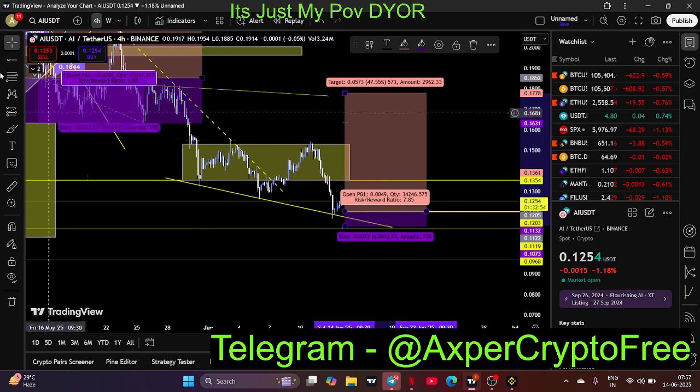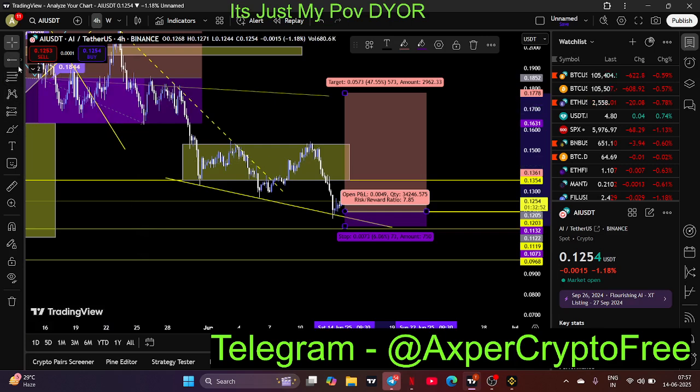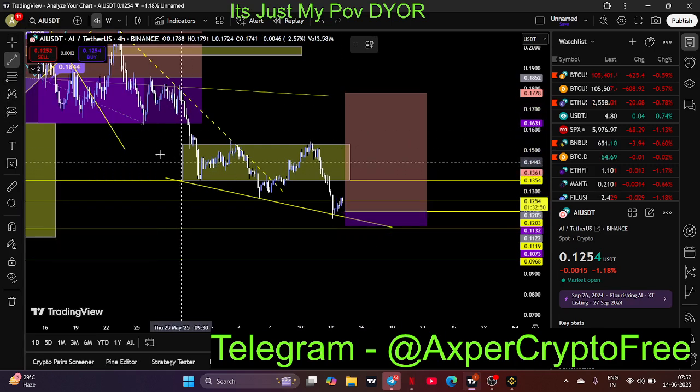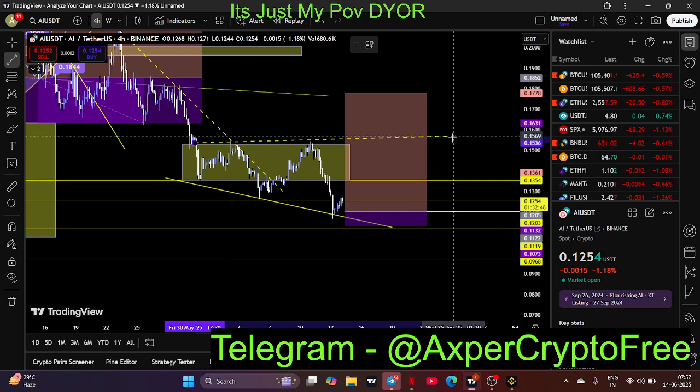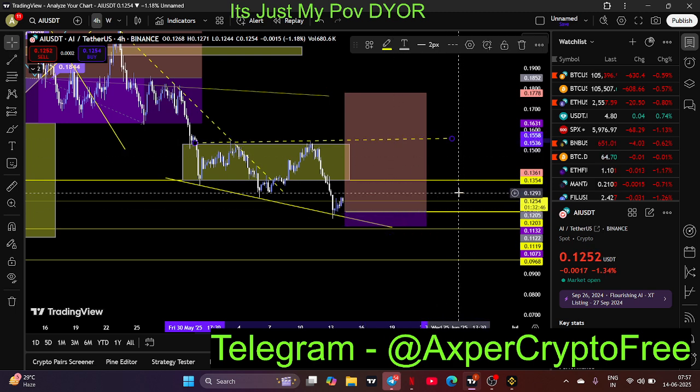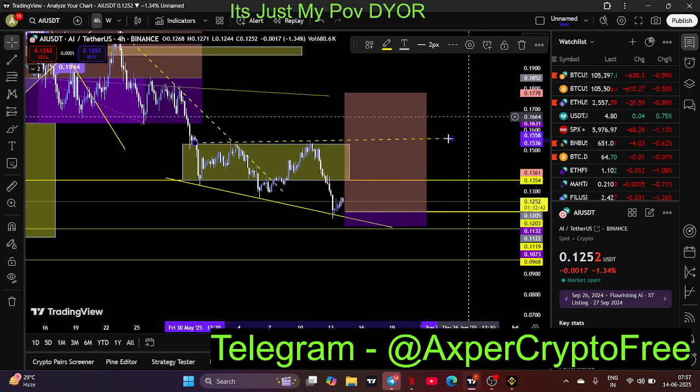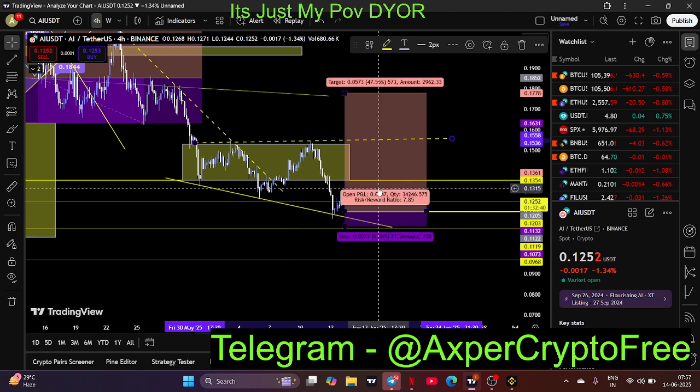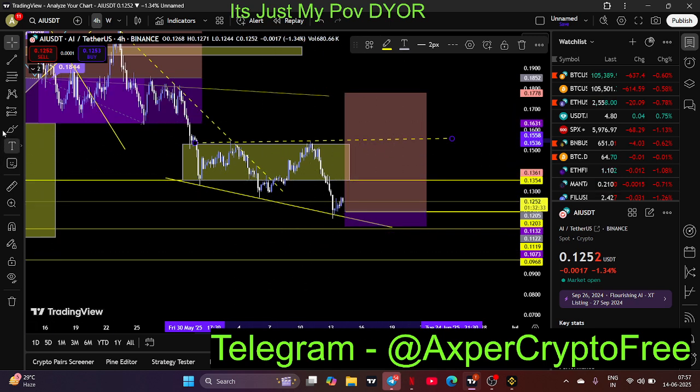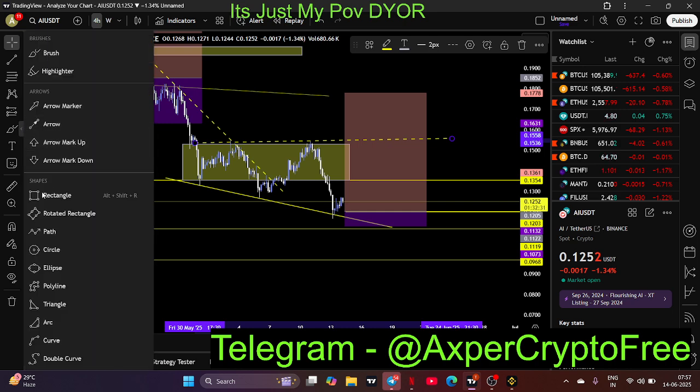So we are going to see a pump, because if you look silently, it's making a pattern. We can say it's a bullish reversal pattern, and we may see a pump because you can see here.